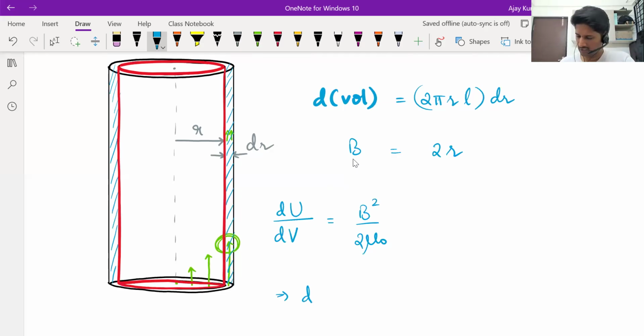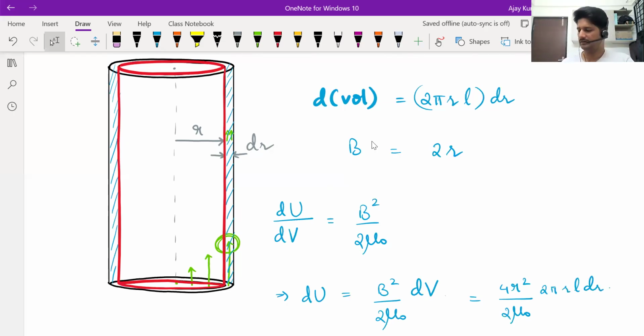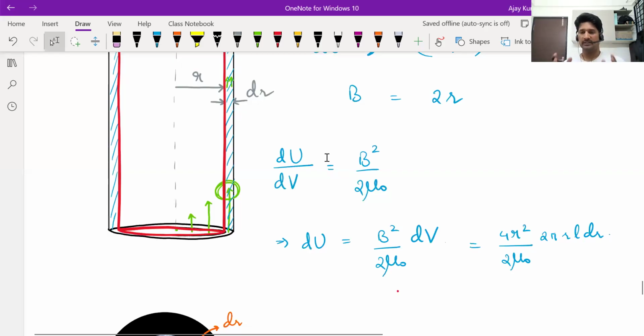That means the small energy present in a small volume will be B square by 2 mu naught into dV. B square here becomes 2r whole square, which is 4r square, divided by 2 mu naught, and that small volume is 2 pi r L dr. So that is the amount of magnetic energy present in that thin hollow cylinder.